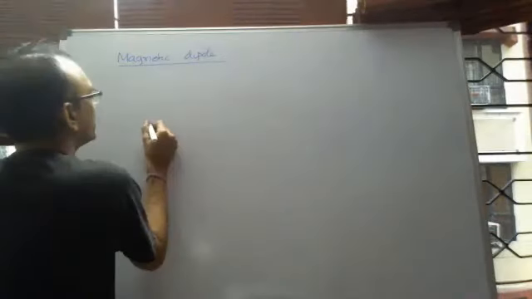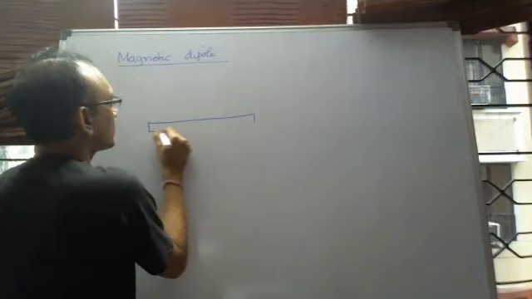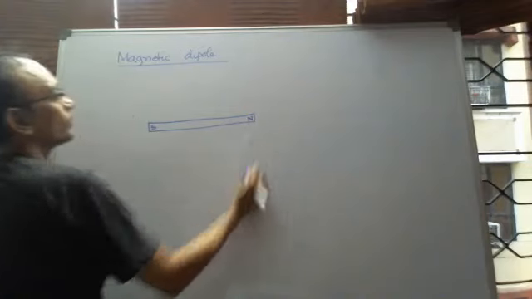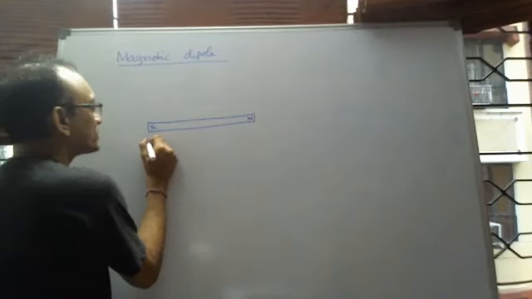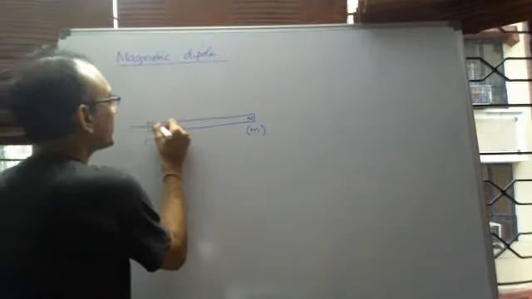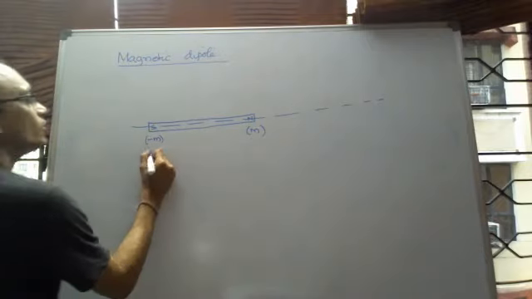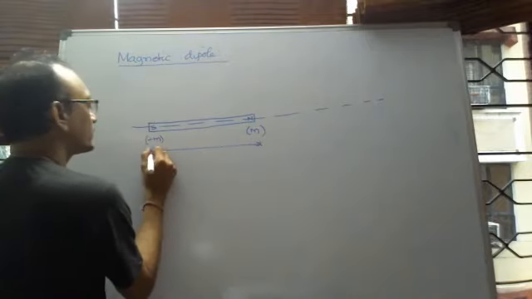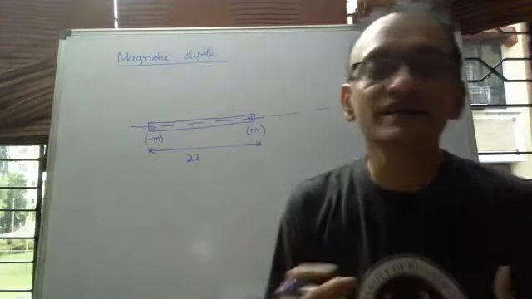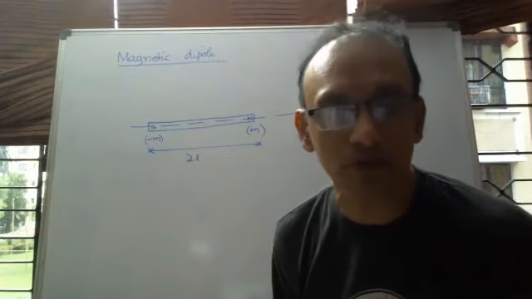Imagine a bar magnet, south pole, north pole. Pole strength minus m for this and pole strength plus m for this. This is the magnetic axis and this is length 2l. If 2l is very small, it's almost like a magnetic dipole.